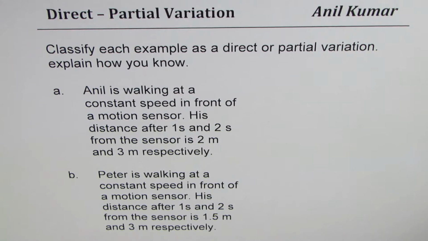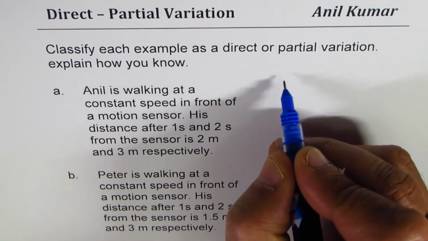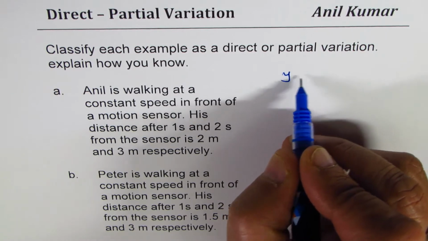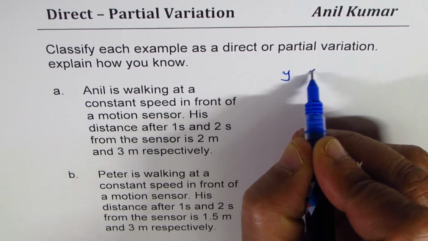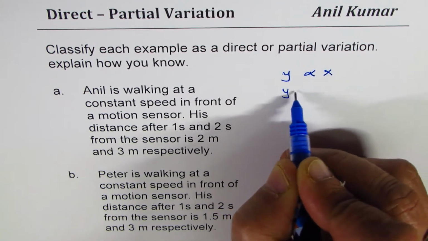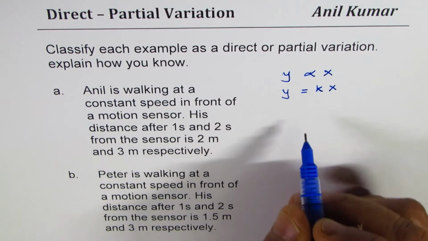Here is my suggestion. Whenever we talk about direct variation, we say that the variable y, which is the dependent variable, is proportional to the independent variable x, or y equals k times x, where k is a constant.